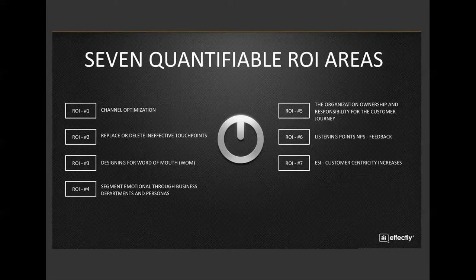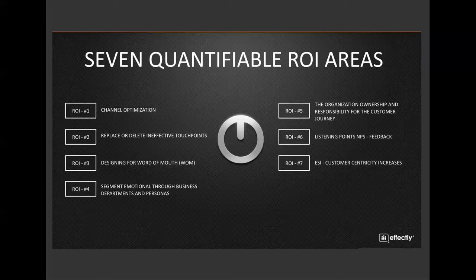When you do the journey mapping, you can start to optimize channels, of course. Channels that are not delivering value to the customer, you can take down. Also replace or delete ineffective touch points that are not working well.